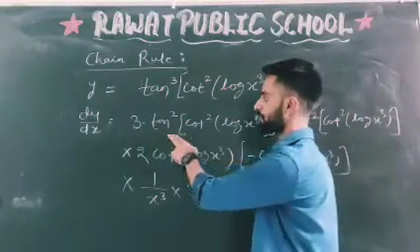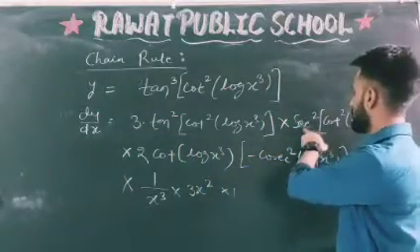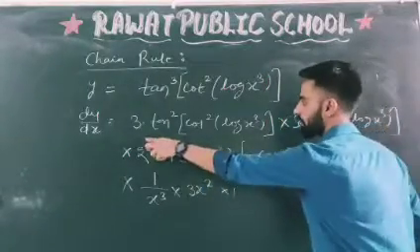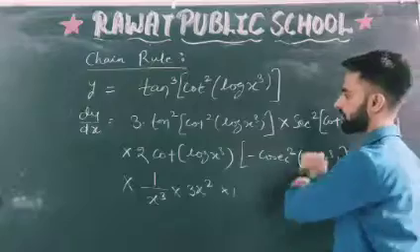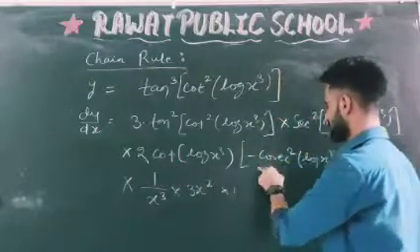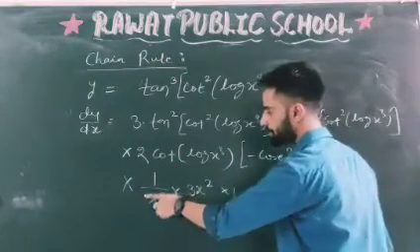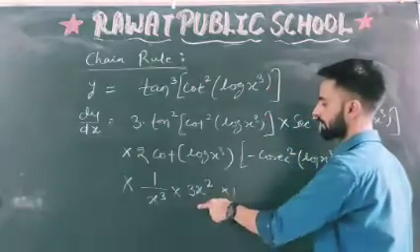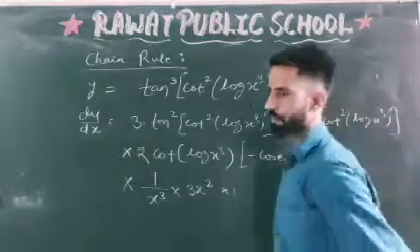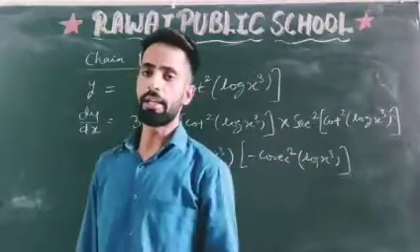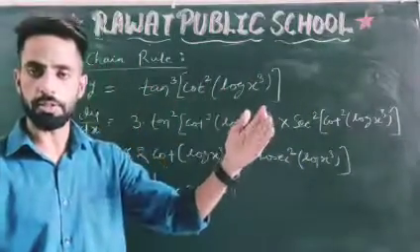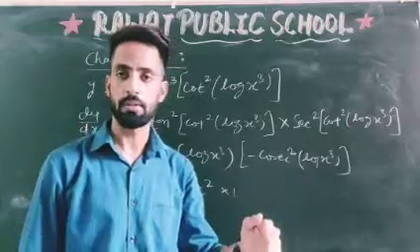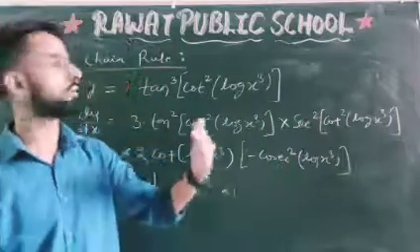Power of main function, main function. Then power of subfunction, subfunction. Power of the next subfunction and then the subfunction. Then again the subfunction, its power and then the subfunction. So the chain rule says: differentiate the power first and then the function. Power, function, power, function.